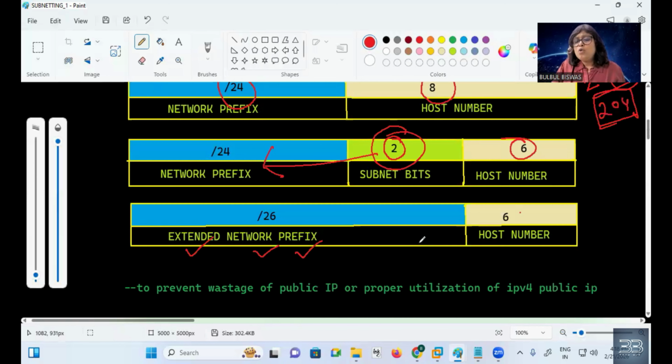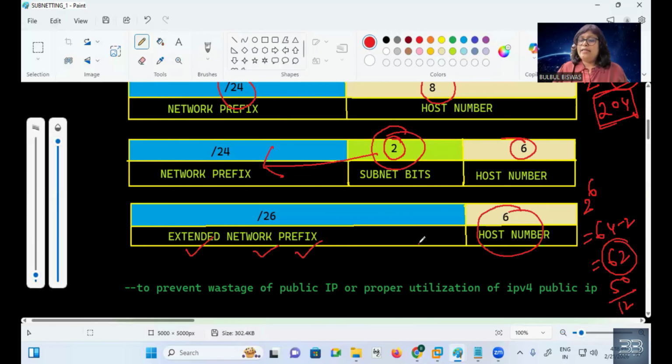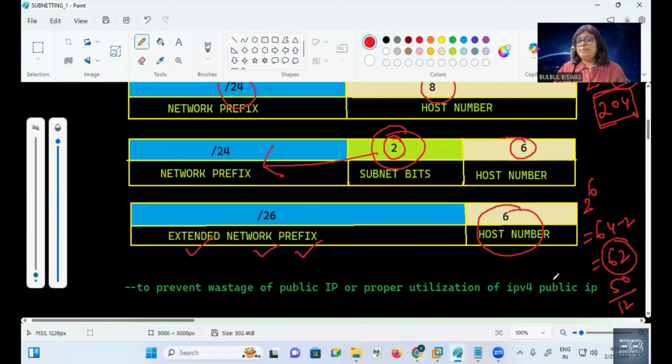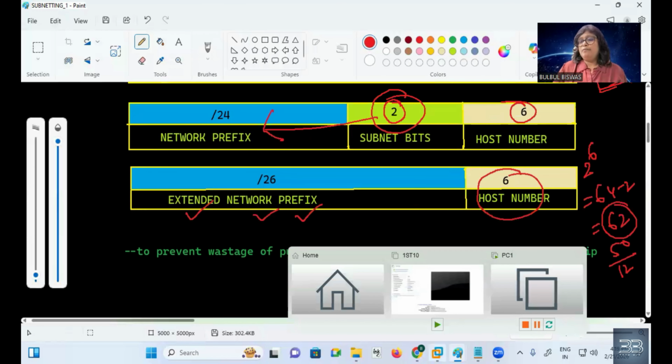So how many host bits are remaining? 6. Now if I go for the total hosts, 2 to the power 6 is 64. I subtract 2 for validity, which gives 62. If an organization needs 50 hosts, only 12 host addresses are remaining. You see, previously 204 IP addresses were wasted, and here only 12.